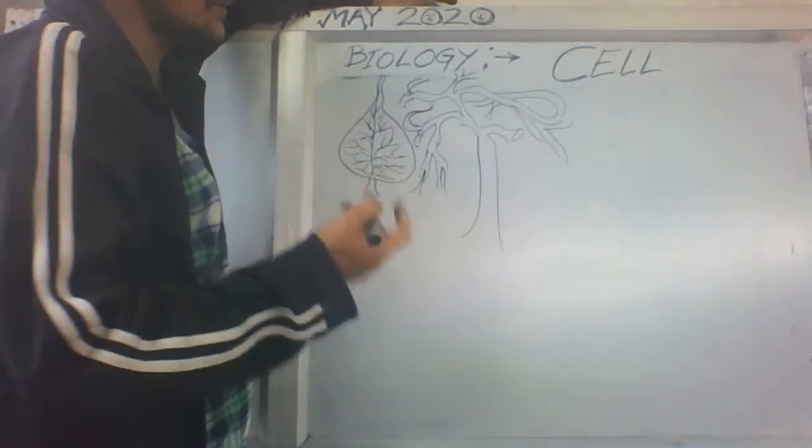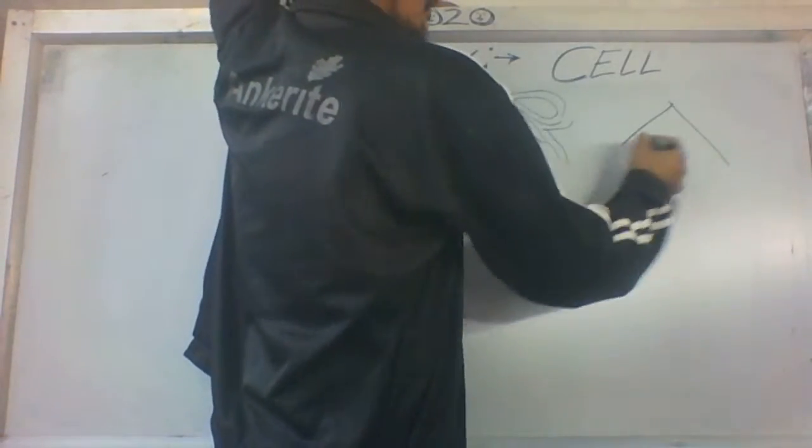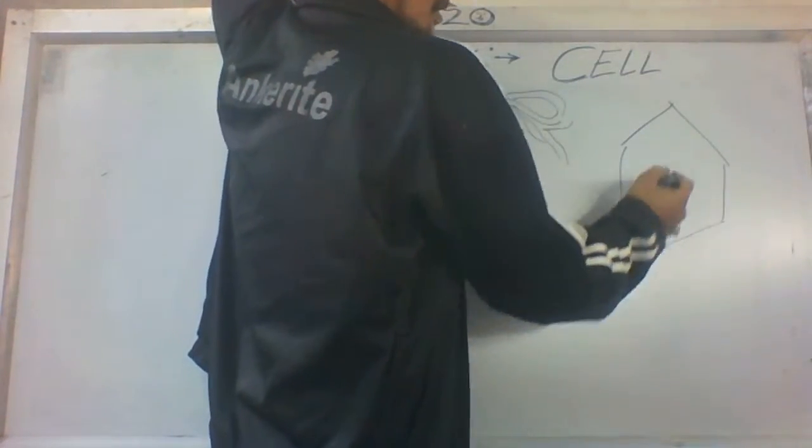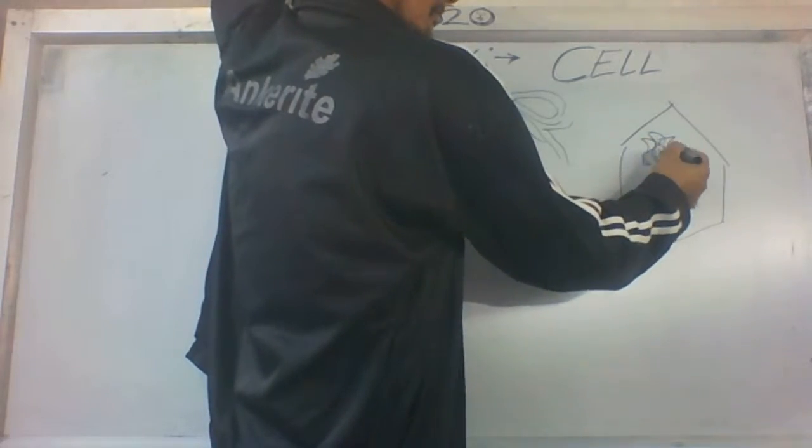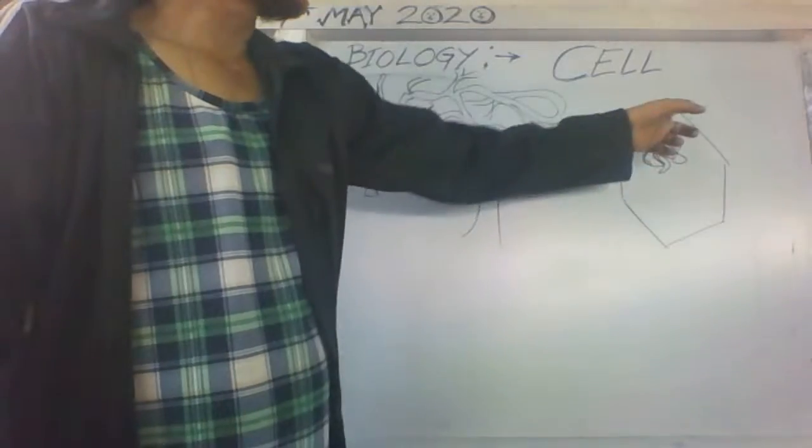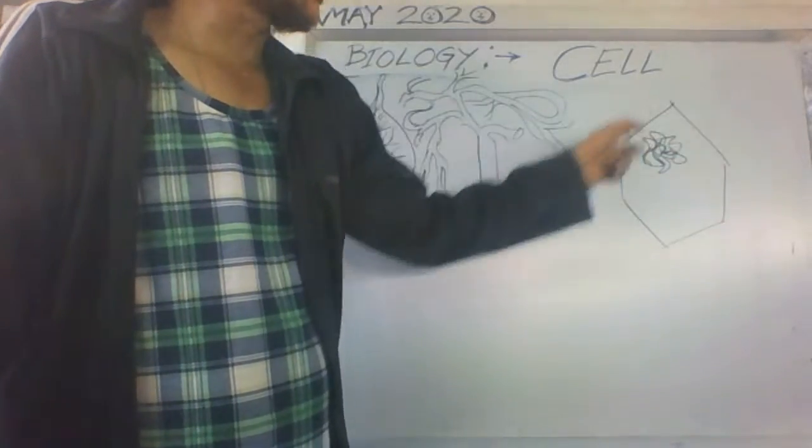So this was the cell, and there was a structure like this inside the plasma.